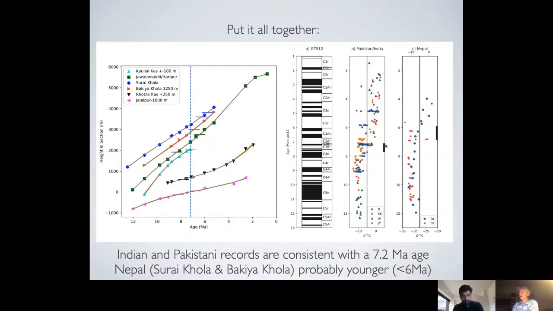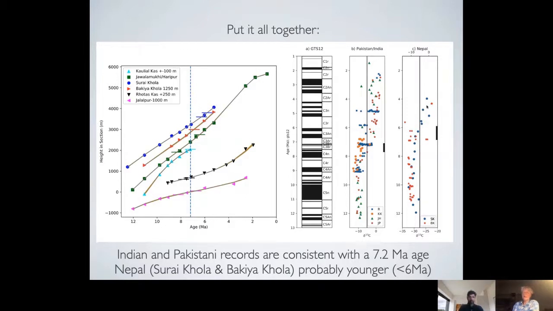And so I've just drawn a black bar. This transition must have occurred between here and there in India and Pakistan. And you can see that that must have been earlier than the Nepali records, which had to have happened between here and here.